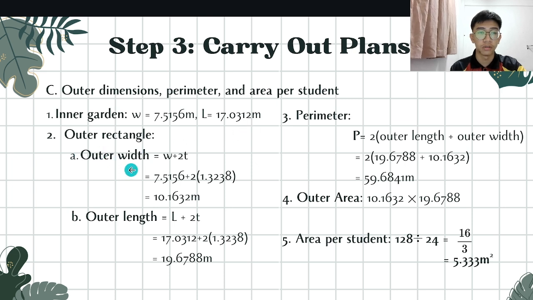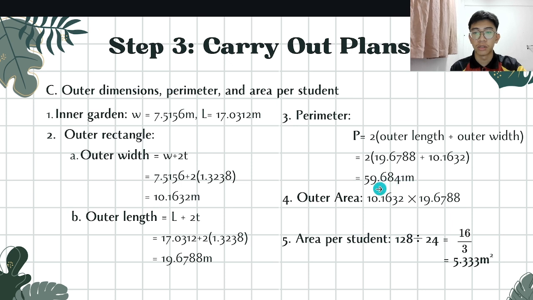For the outer rectangle, the outer width, which is W plus 2T, we just substitute the value of W and T, and we got the outer width, which is 10.1632 meters, and the outer length, we just substitute the same equation, L plus 2T, and then we got the total outer length, which is 19.6788 meters.